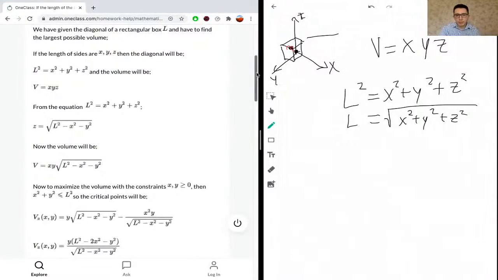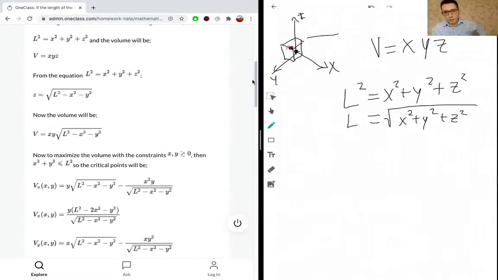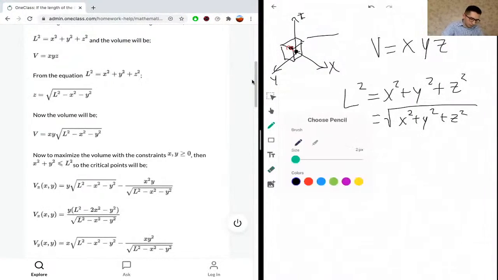And from this we can substitute the value of z into the value of the volume. So we have one equation here, and then we have another equation.